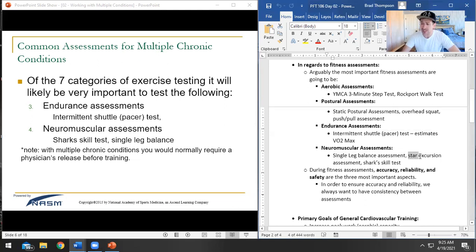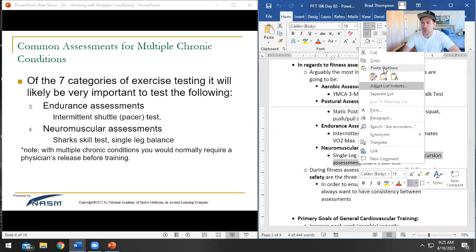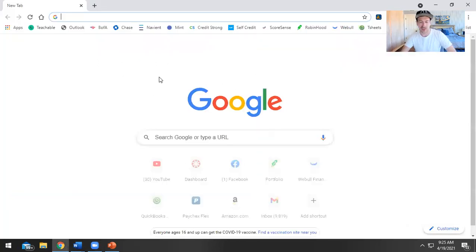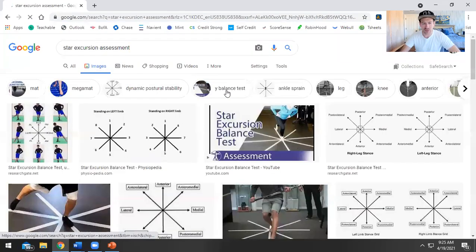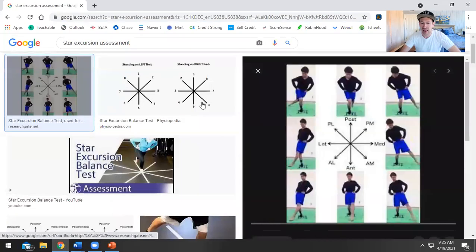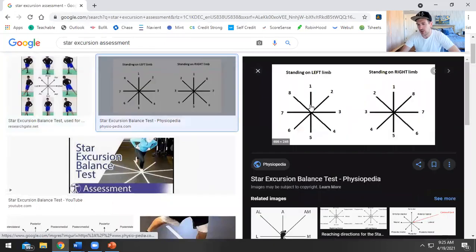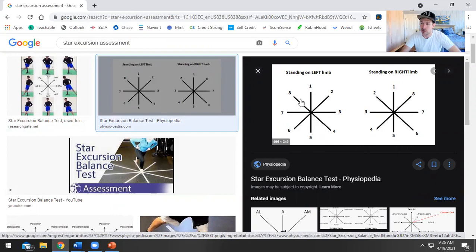Slightly more advanced, well, definitely more advanced than that is the STAR Excursion assessment, which is also a really good one. This one is kind of cool. Your client reaches with their opposite leg at a very specific angle. So they're going to stand on the left leg and then stand on the right. They're going to go front 45-degree angle, side 45-degree angle, and they work their way around.